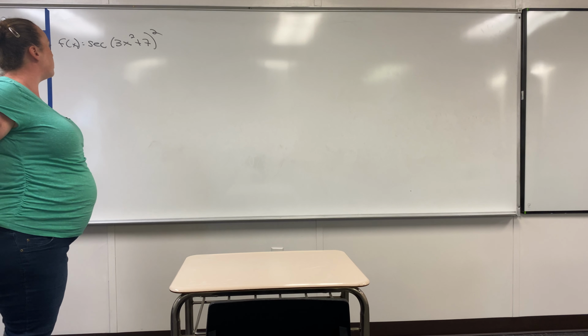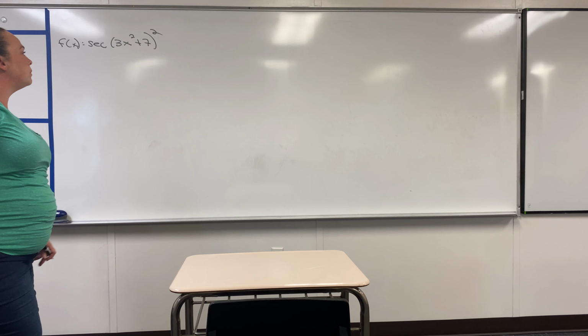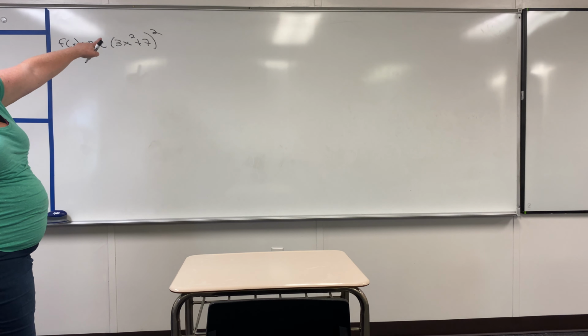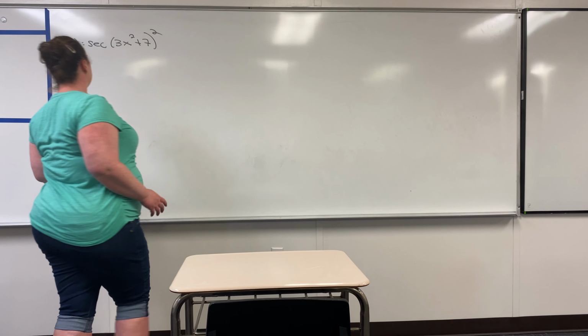Okay, when dealing with trig functions, when the number is here, that's the first thing you deal with, but for this one, the number is back there, so it's only acting on the 3x squared plus 7. That means the biggest thing going on with this particular problem is the secant. So the derivative of the secant of something is secant tangent.